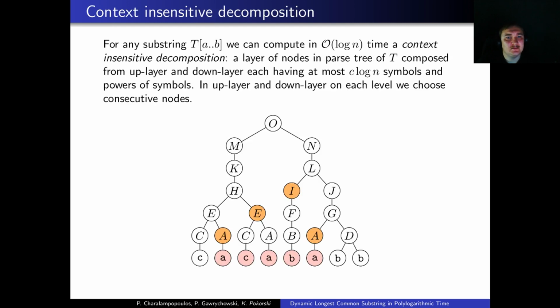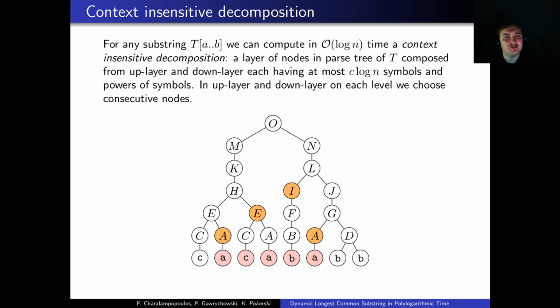And what is nice about this parsing is that it gives us the ability to find context insensitive decompositions. So for any substring of the string for which we build the parsing, even if it appears multiple times, it is produced by the same symbols in our grammar.